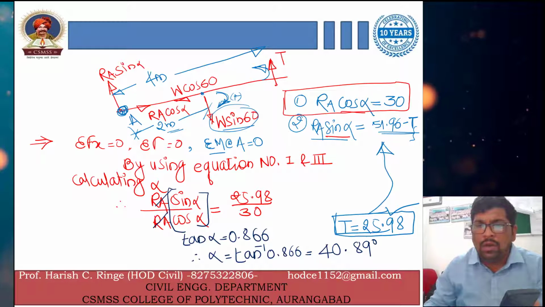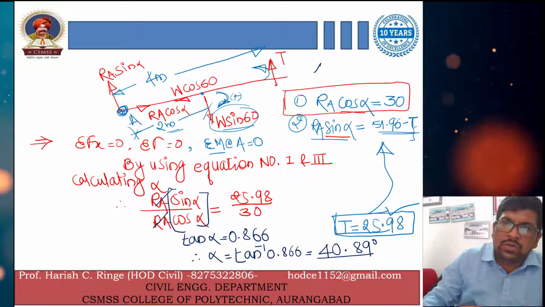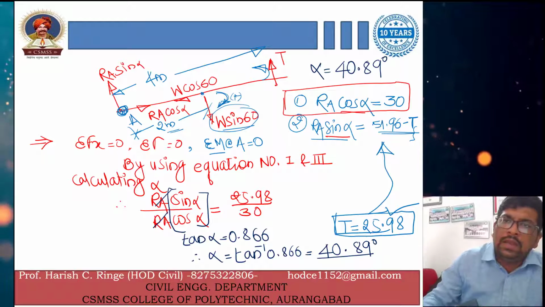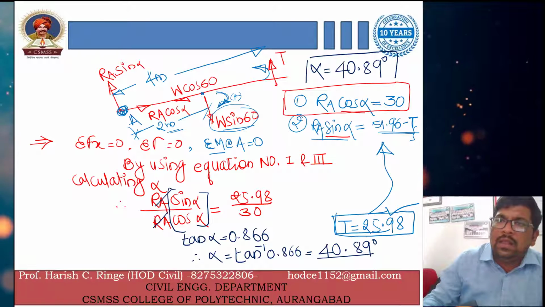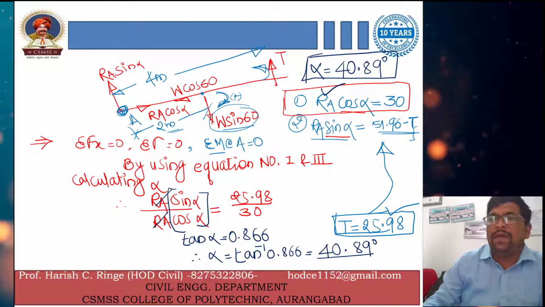So I have got the value, I will write down over here, alpha is equal to 40.89 degrees.